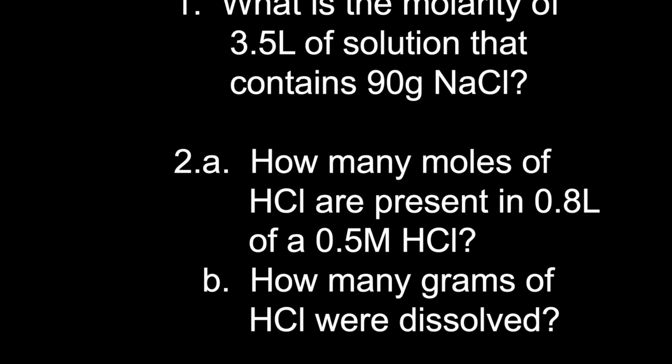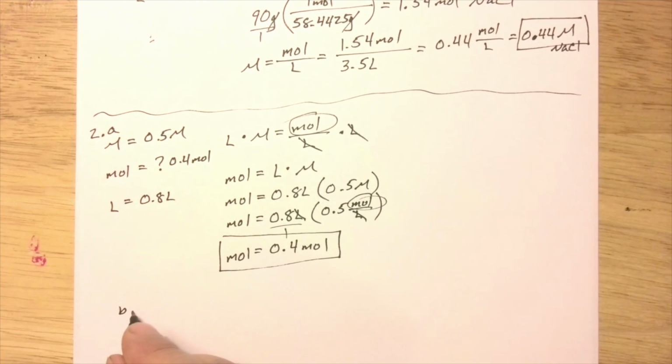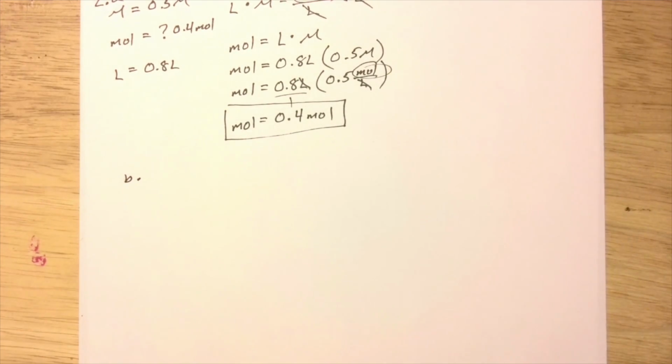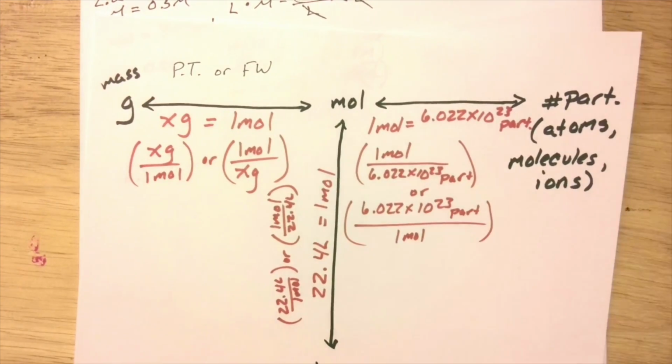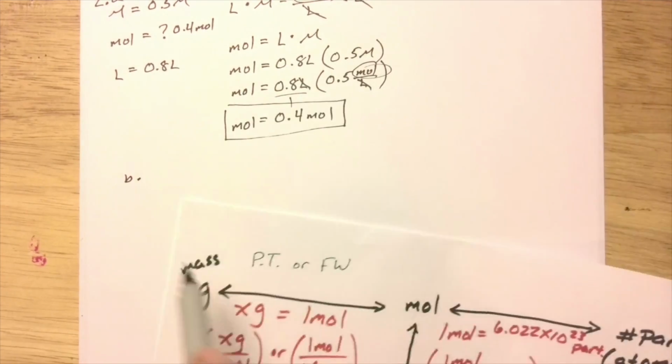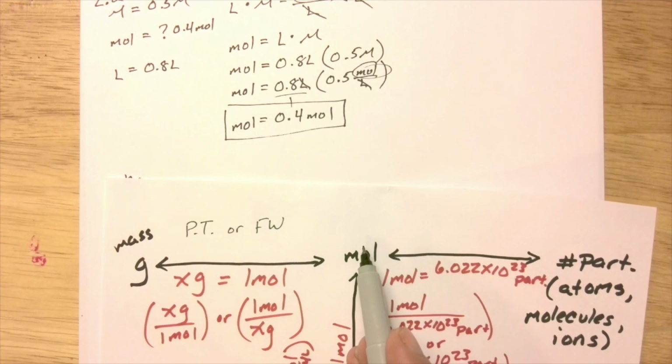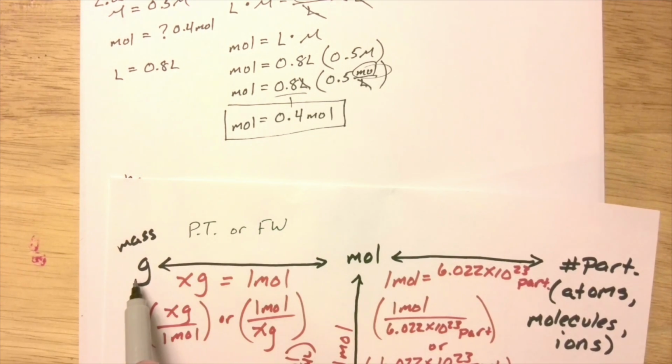Part B, how many grams of hydrochloric were dissolved? So for part B, this is now where we have to go back to this. We now have the number of moles here on the chart. We need to get to the unit of grams, or the mass of it.